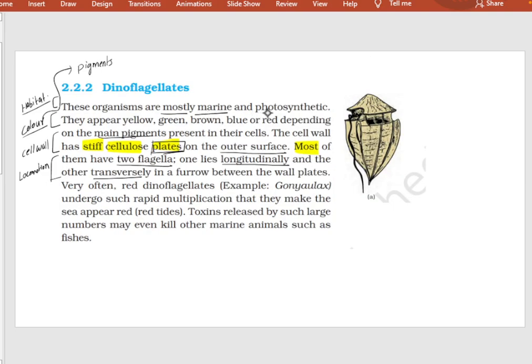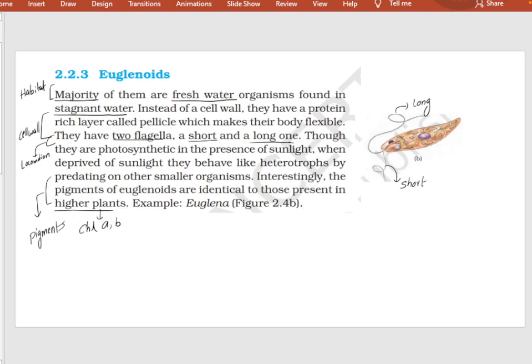Now here, photosynthetic is related to nutrition. So these are also photoautotrophic. Photosynthetic is mentioned. Next, euglenoids. See here: in the presence of sunlight, photosynthetic; deprived of sunlight, heterotrophs.